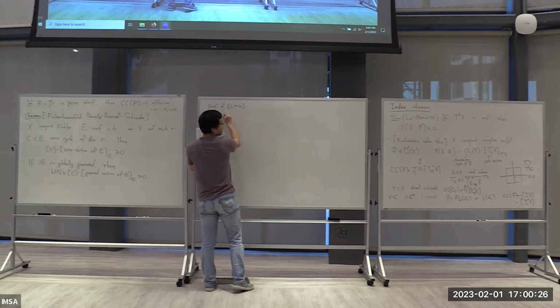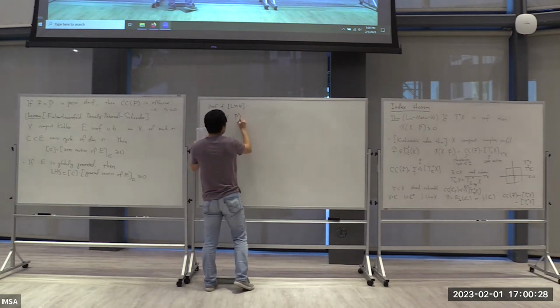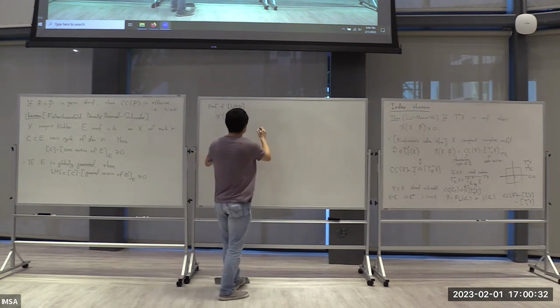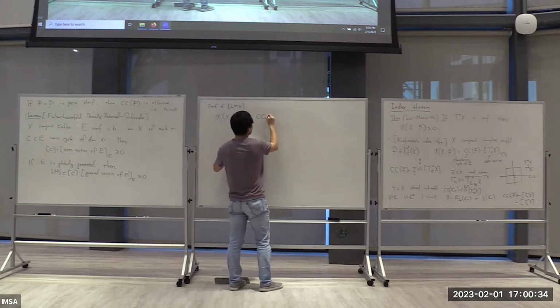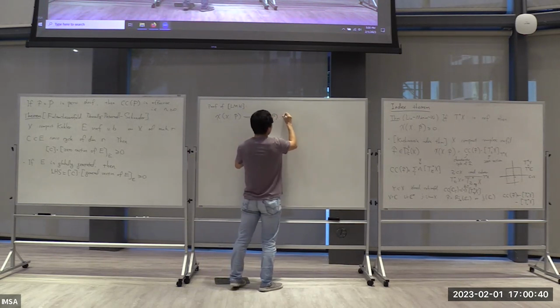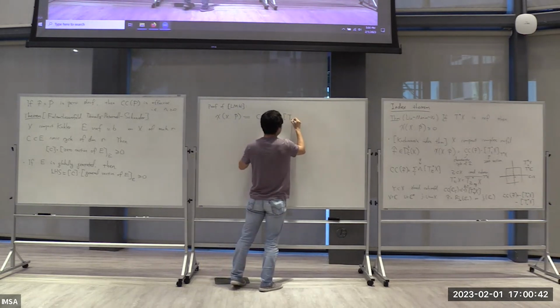If I compute the Euler characteristic of the perverse sheaf by Kashiwara's index theorem, I compute the intersection number of the characteristic cycle of P with the zero section.